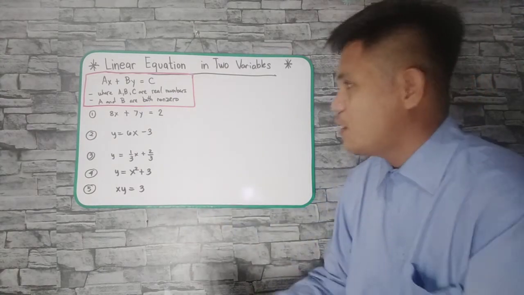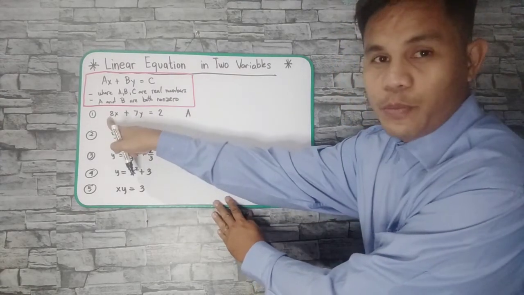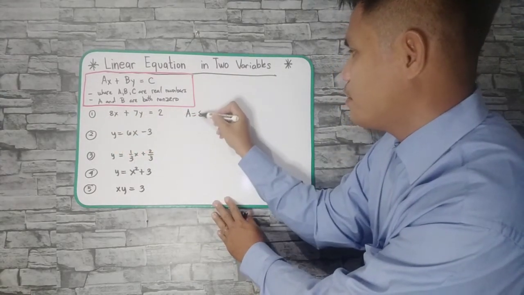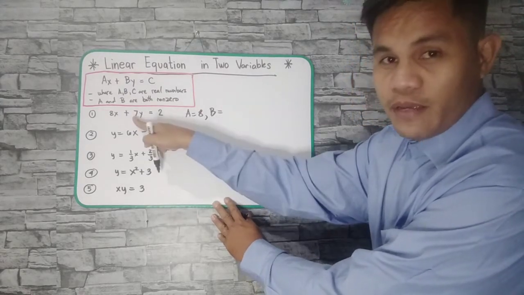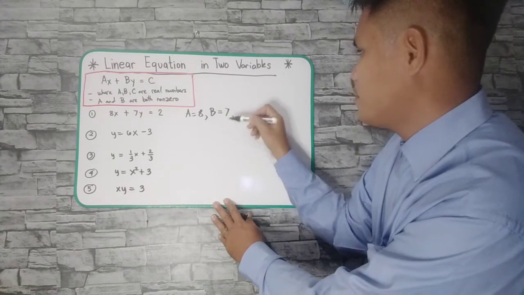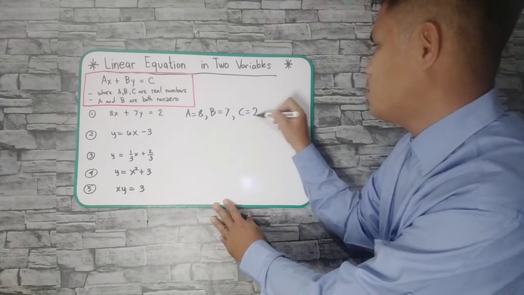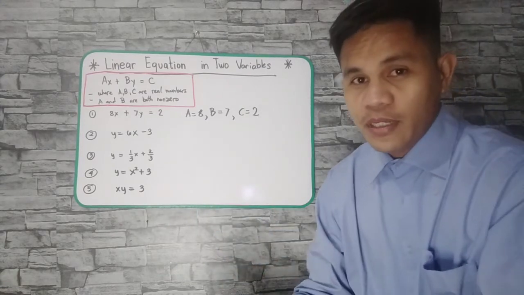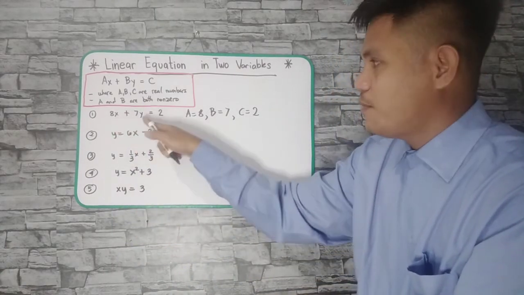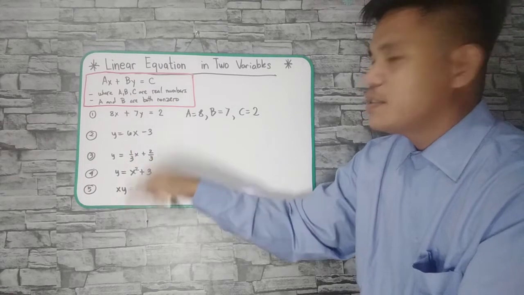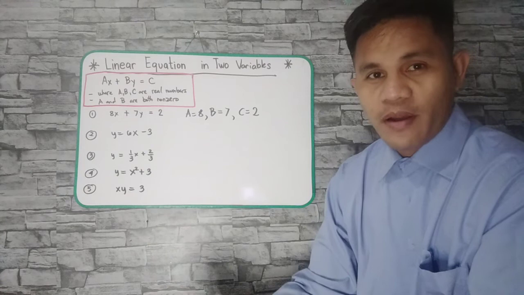Why? Because it has a value for a, where a is equal to positive 8. The value for b is positive 7. And the value for c is positive 2. And at the same time, it has two variables, variable x and variable y, whereas the exponent of each variable is 1.